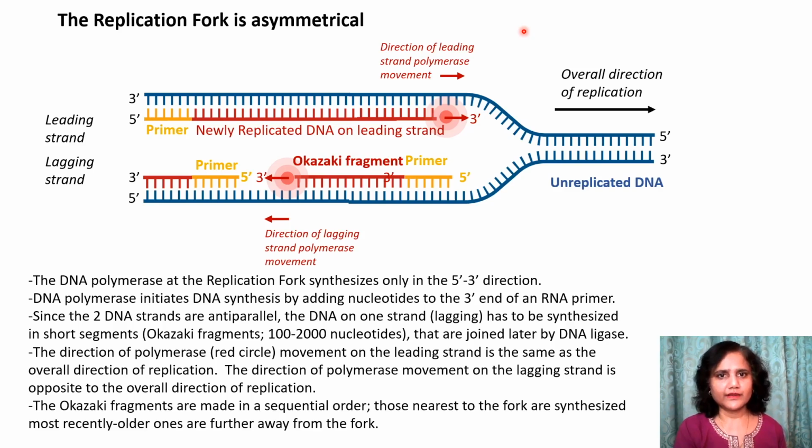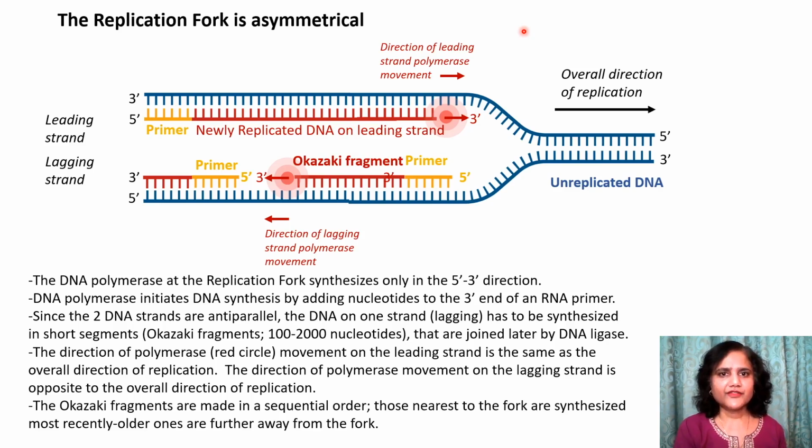So this was actually found by an interesting experiment done by the scientist Okazaki, after whom these fragments are named. Tritiated thymidine was added to dividing bacteria for a few seconds to label only the most recently synthesized DNA fragments.